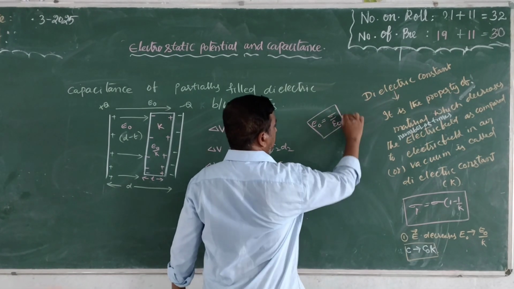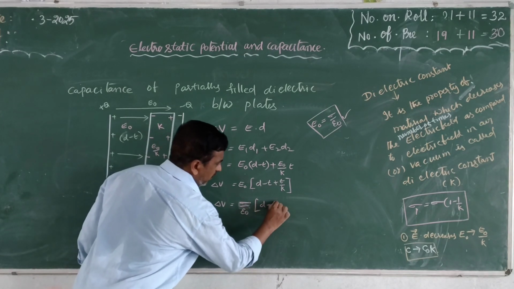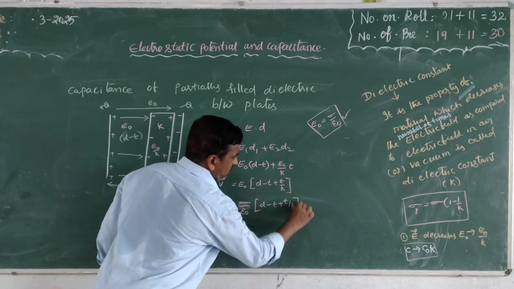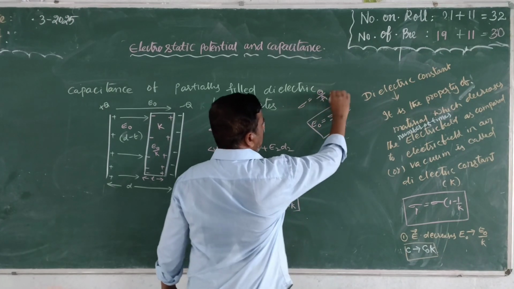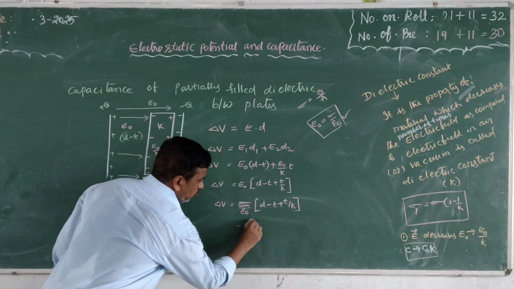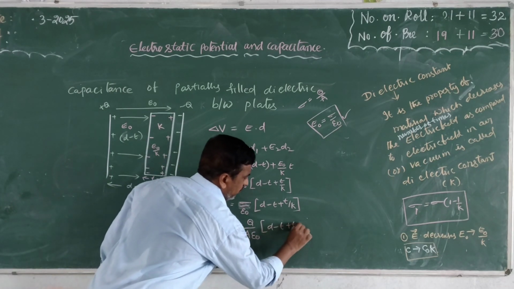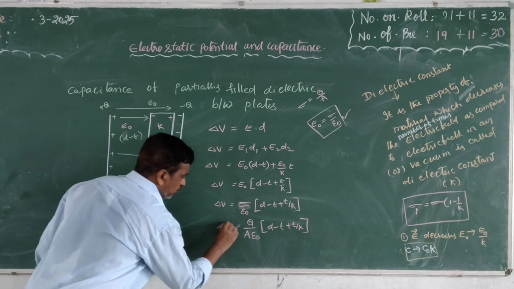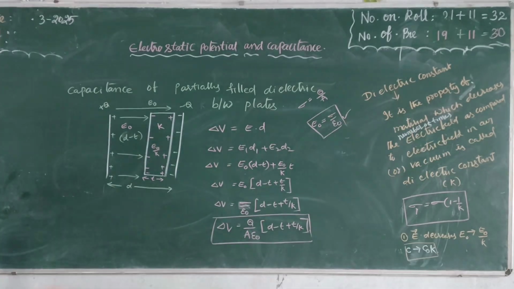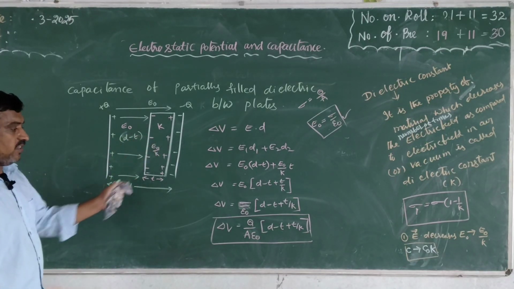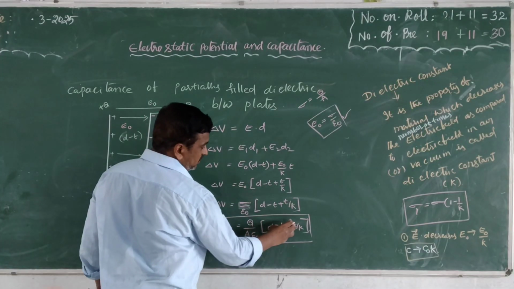Sigma is the surface charge density, charge per unit area. So we write Q by A epsilon naught into d minus t plus t by K. This is the change in potential between the plates when partially filled with a dielectric: delta V equals Q by A epsilon naught times d minus t plus t by K.